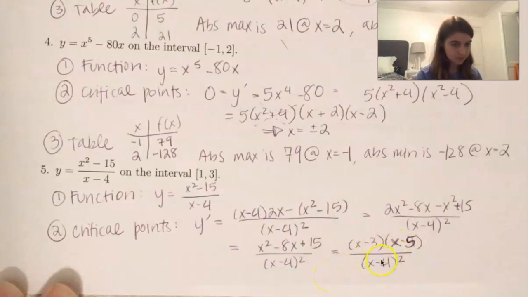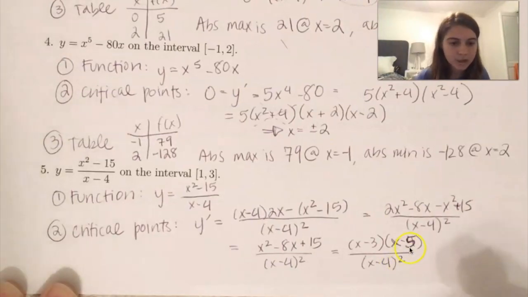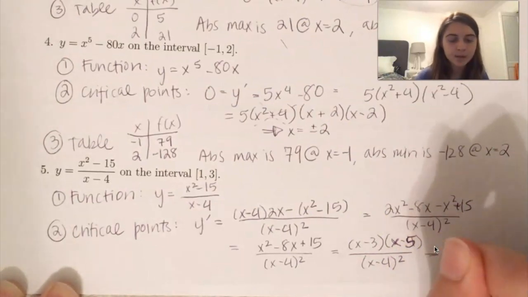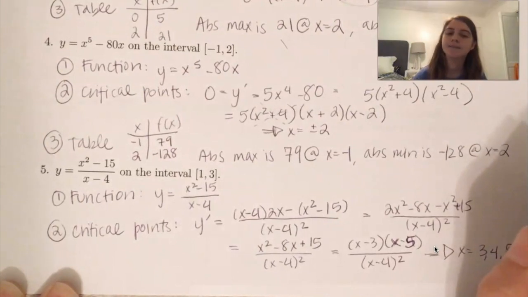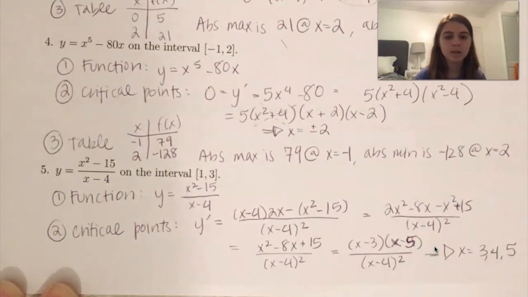If x minus 4 equals 0, the whole thing doesn't exist. That's still a critical point. So don't exclude those denominators. And so we actually get 3 critical points this time, 3, 4, and 5, which is really satisfying. I love that. And we'll plug those into our table. Oh, but dang it, only one of them occurs.